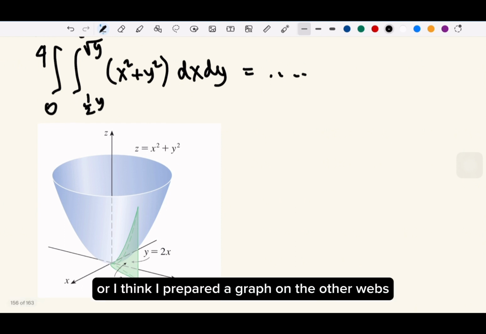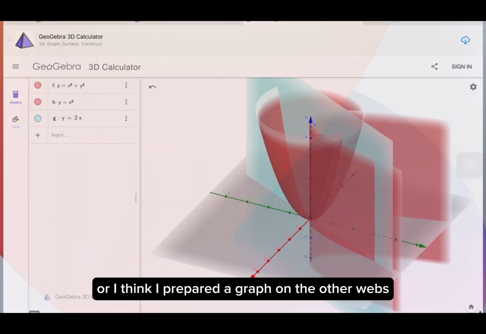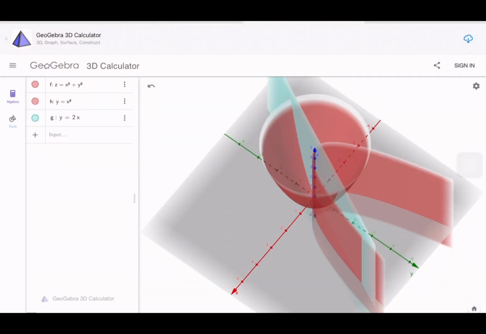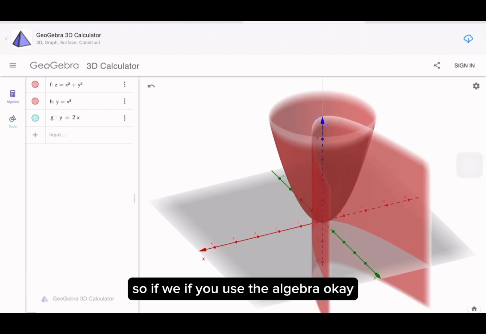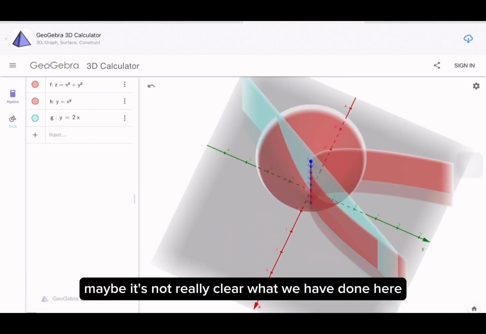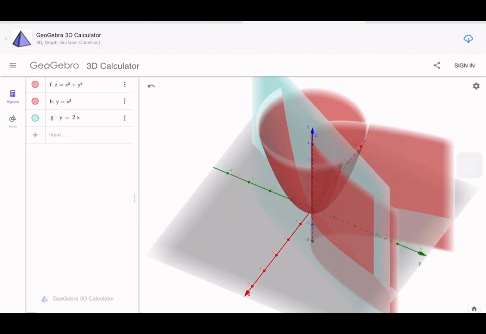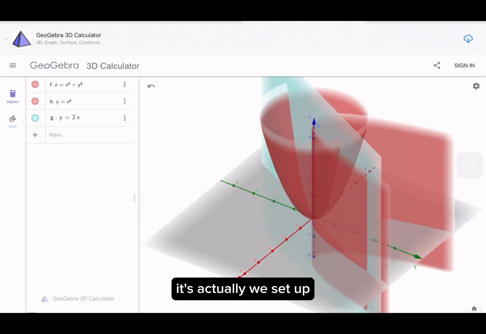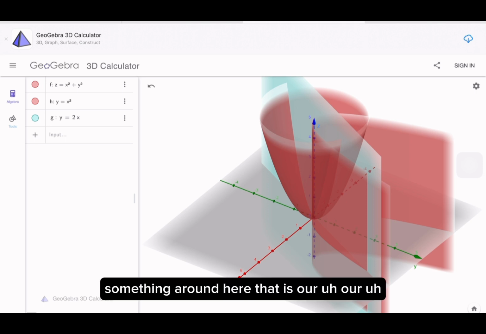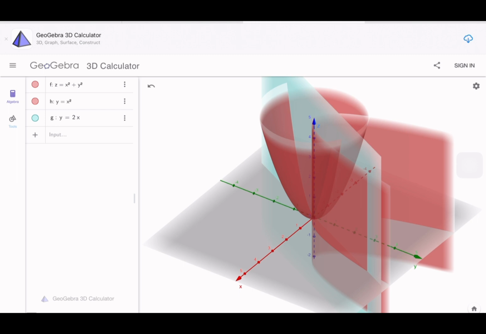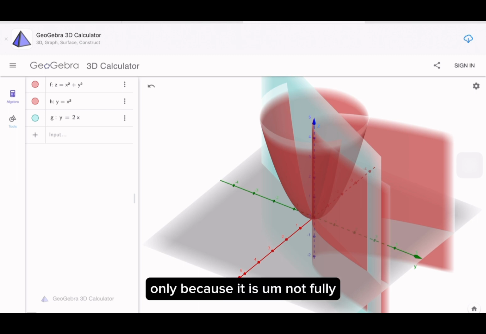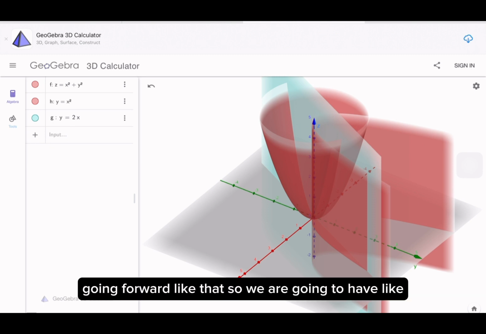Or I think I prepared the graph on the other webs. Let me check with this one. So if you use the GeoGebra, okay, maybe it's not really clear what we have done here, but if you look at this, we set up something around here that is our volume, because it is not fully stretched, the paraboloid, so it's actually going forward like that.